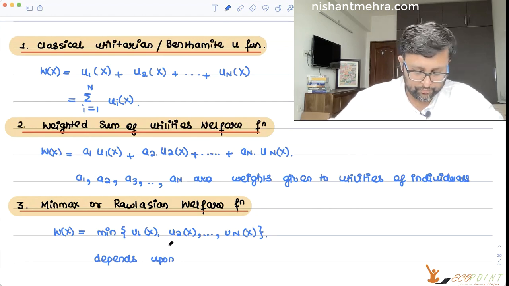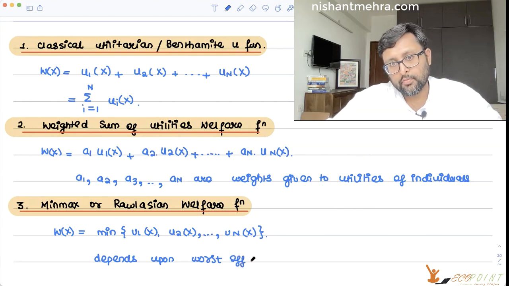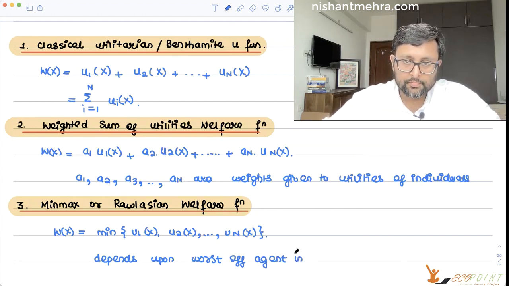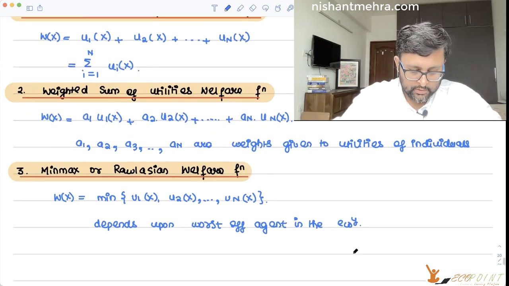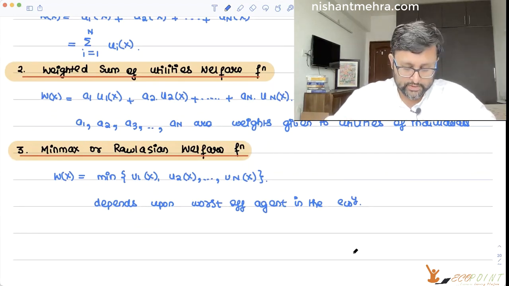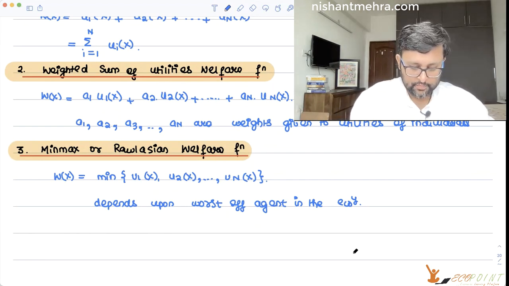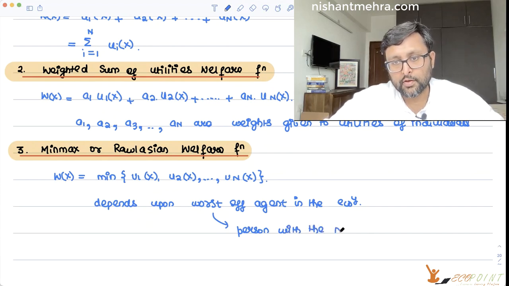So social welfare is defined in terms of the welfare of the worst off individual, the poorest individual, the person with the minimum utility.